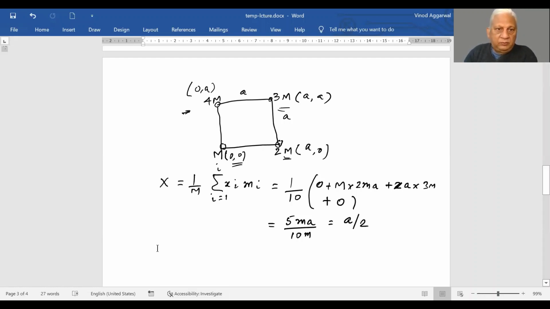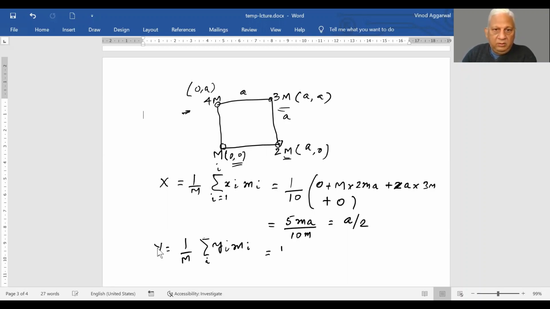Similarly, if we do the treatment for the y component, the center of mass will be the sum over the total mass, which is 10m.